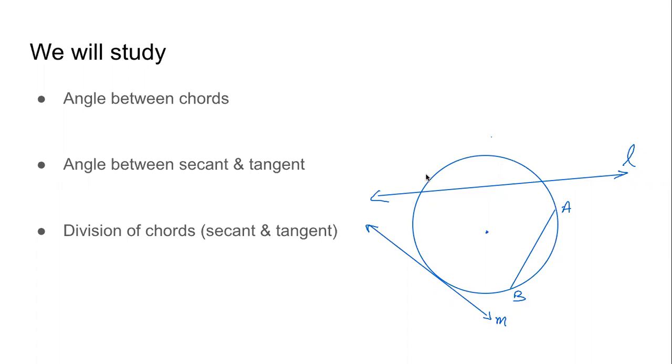What do we call the line segment AB? Angle between chord. No. Line segment AB is a line segment. It is not an angle. How can it be an angle? It's a chord. Okay.